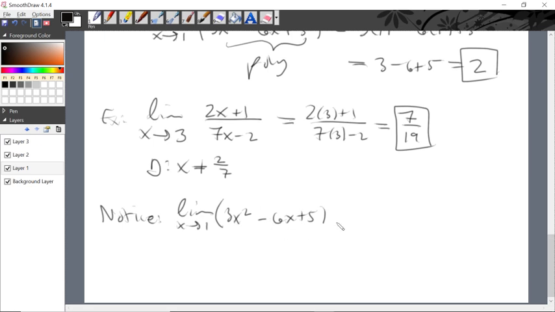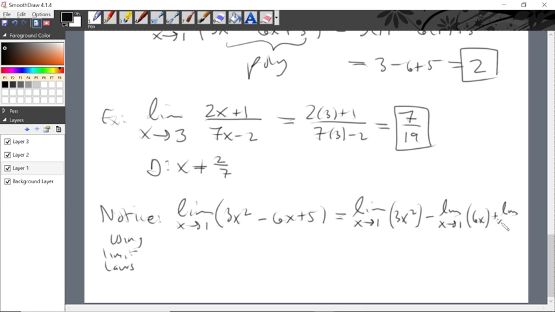So using limit laws, first I can distribute the limit. We can write this as the limit as x goes to 1 of 3x squared minus the limit as x goes to 1 of 6x plus the limit as x goes to 1 of 5.